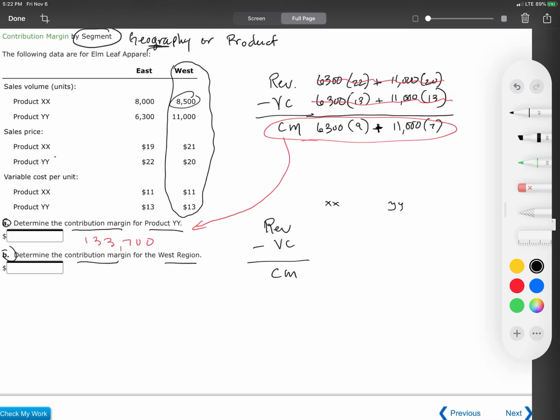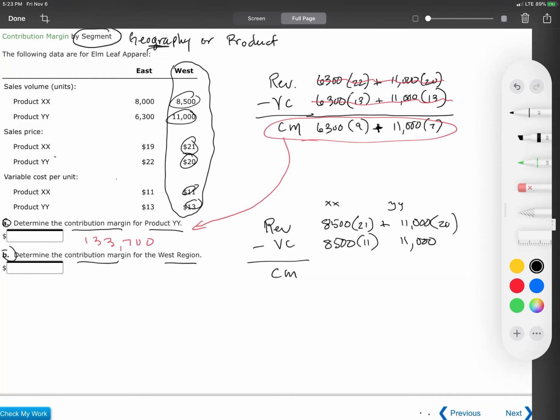In the West, we're going to sell products X and products Y. So for the X, there's this many units, 8,500. The revenue is 21 times 21 plus we're going to sell 11,000 of these Ys times 20.